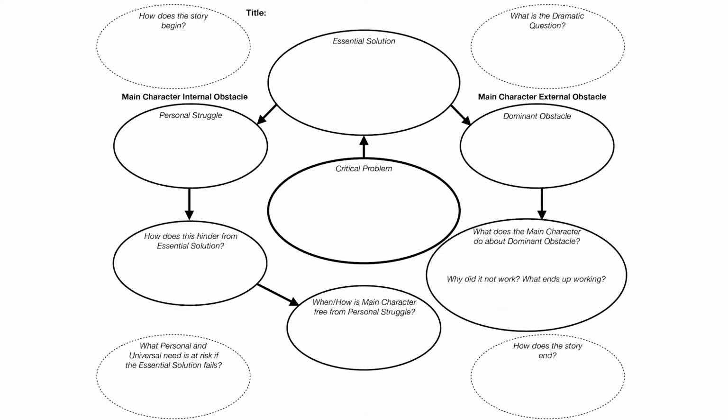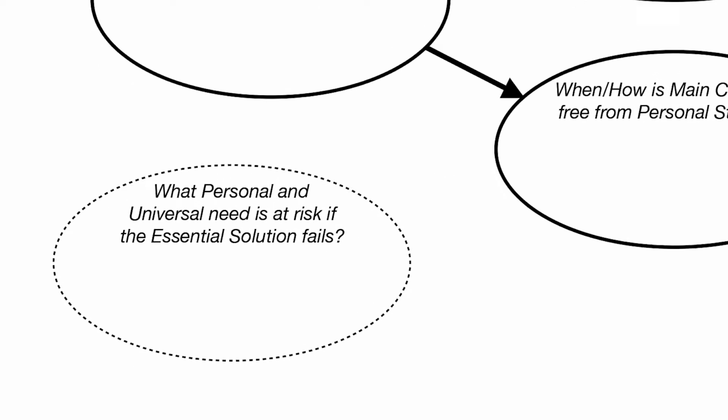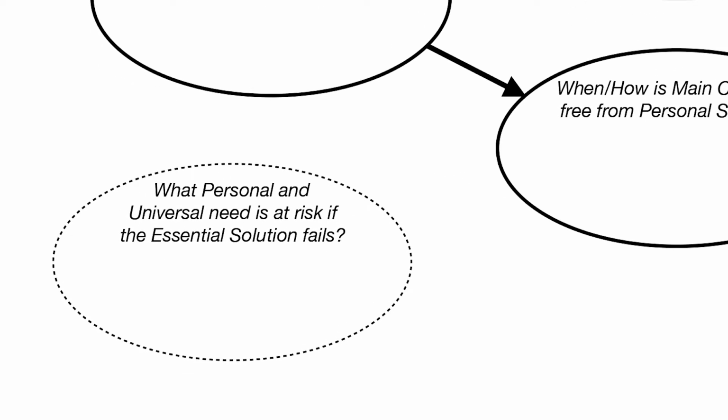All right, and so now the 4 separate bubbles that are in dotted lines, these are just some things to think about. So the first one I'm going to go to is what personal and universal need is at risk if the essential solution fails.